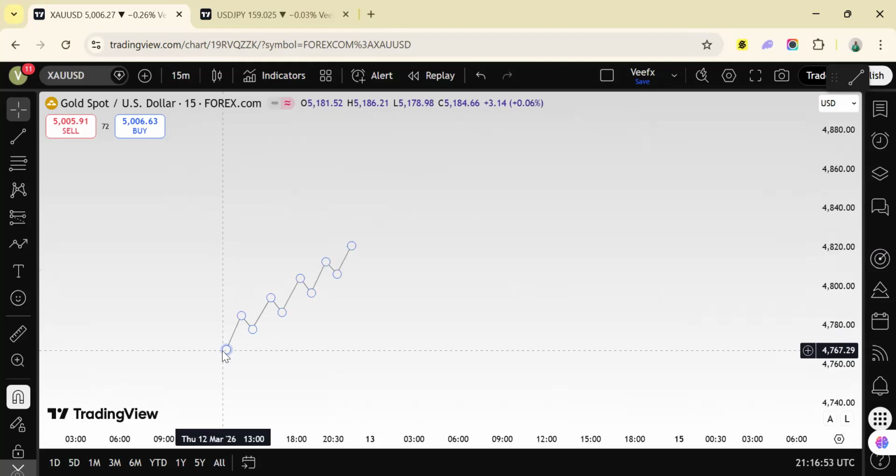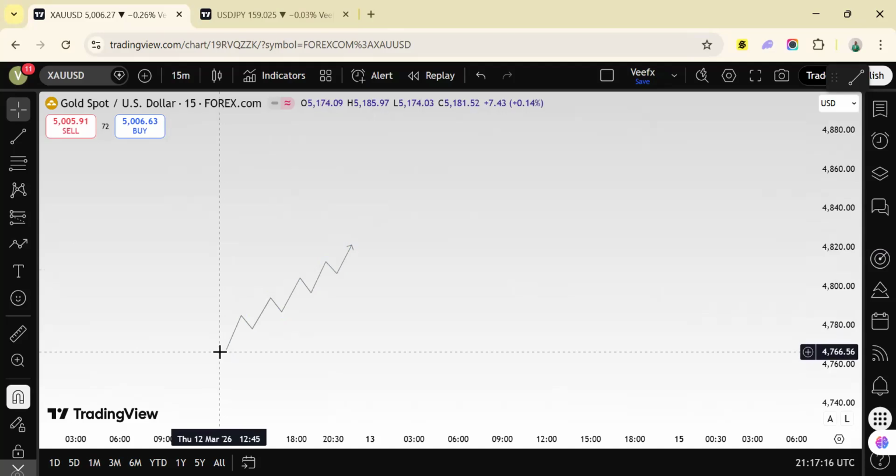An order block is an area or zone in the market where there are a lot of institutional orders. So they are either buy order blocks or sell order blocks.